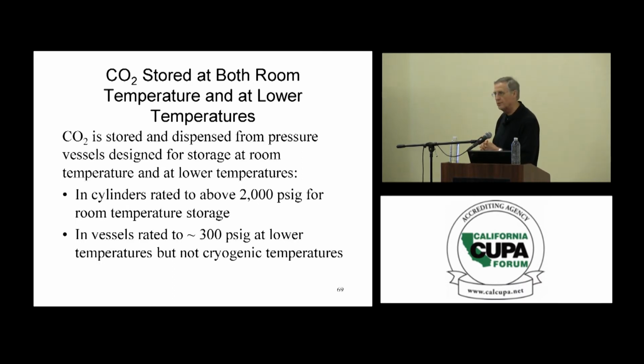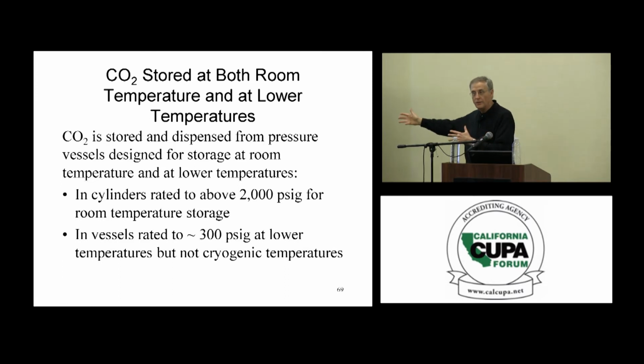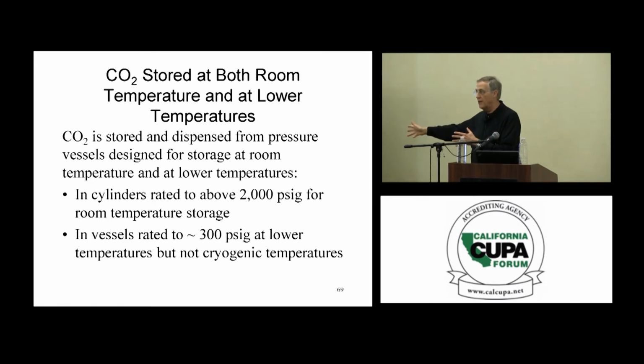At room temperature, the pressure in that cylinder is typically about 800 to 1,000 psig. But as the temperature rises, it can go up to 2,000. And if it gets up to the maximum allowable working pressure on the vessel, what happens? It goes to a pressure relief system, and it will relieve pressure.